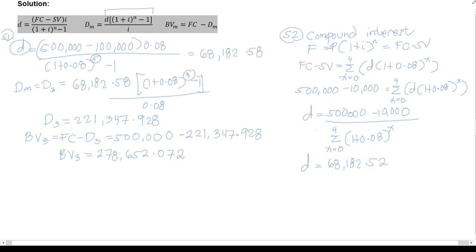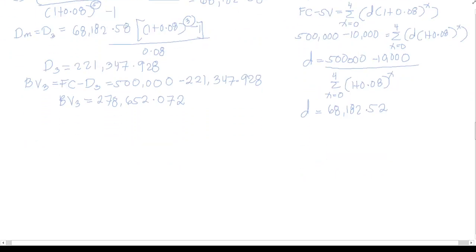So using solution 2 again to compute the depreciation at the third year, we use again compound interest. So we use the formula for the future amount. That is d3 is equal to the summation of x is equal to 0.